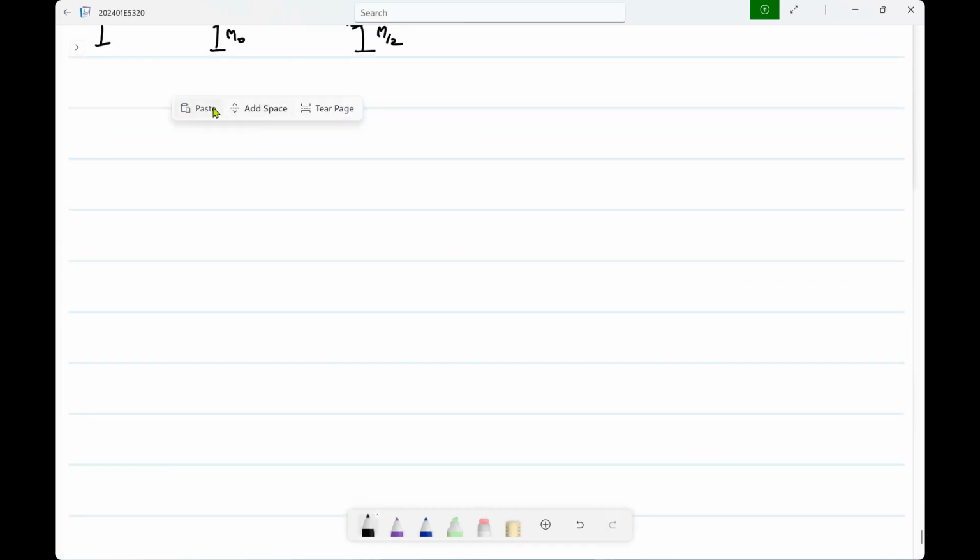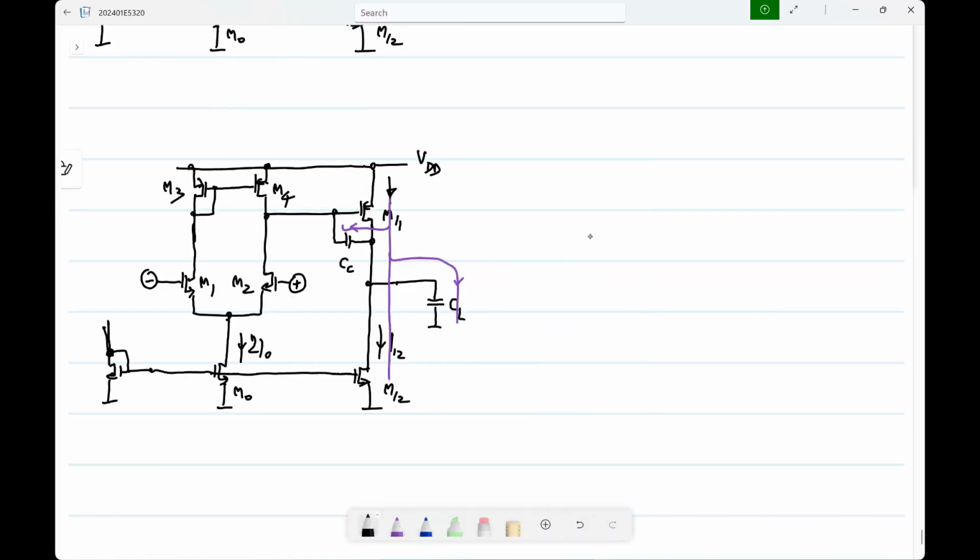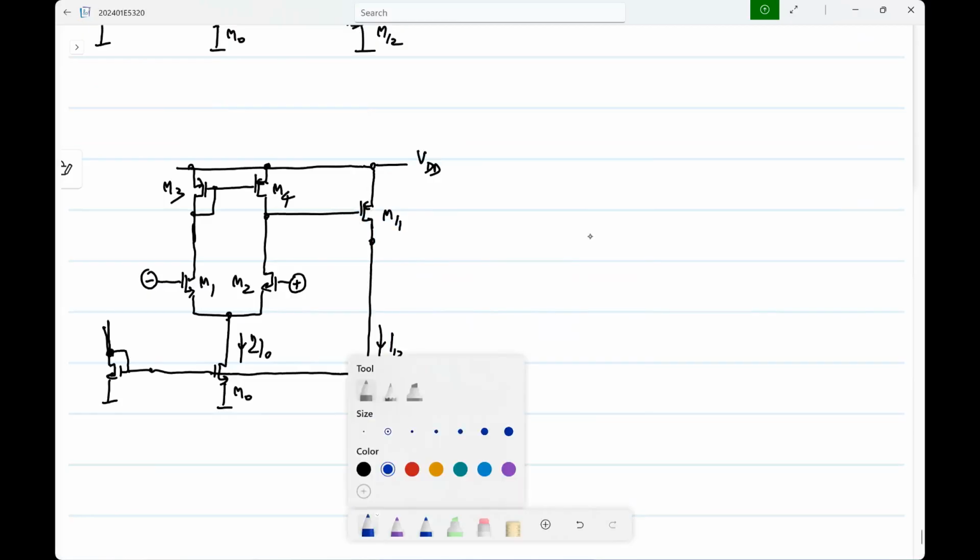Now, if you wanted more stages, what you could do is the following. You add another stage. Of course, it doesn't matter whether it's NMOS or PMOS; we choose whichever one is convenient.